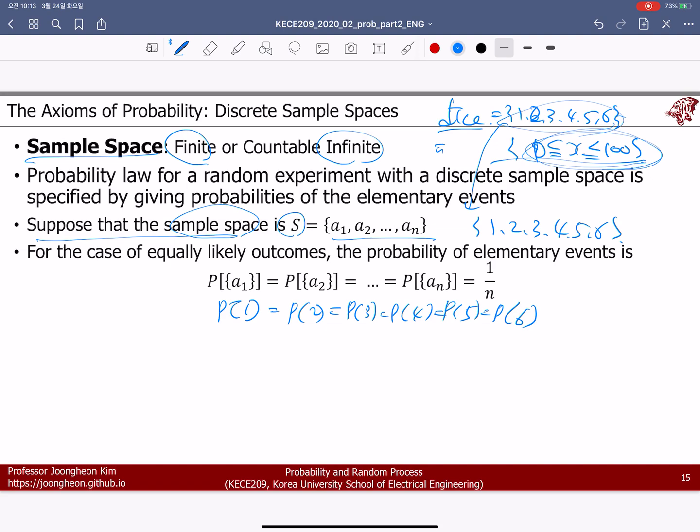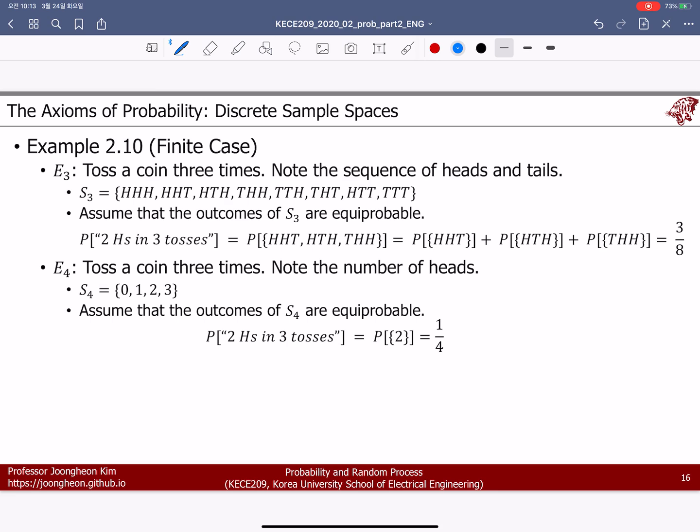If the dice is fair, with no manipulation or engineering on top of the dice, then the probability of each number should be equal. That's why each becomes 1 over 6. This is an example of a finite case.